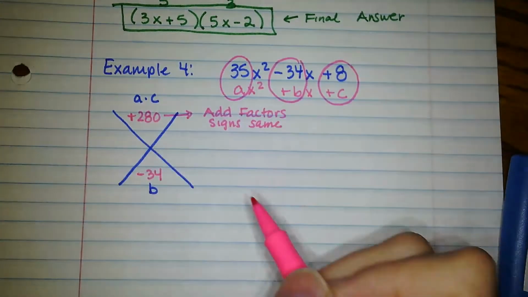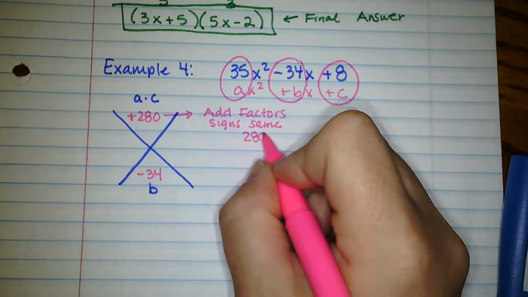But we need to write down all of our factors for 280, and this pretty much takes the longest, I think.